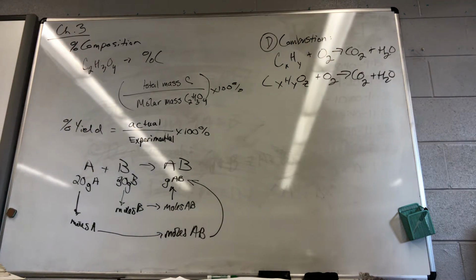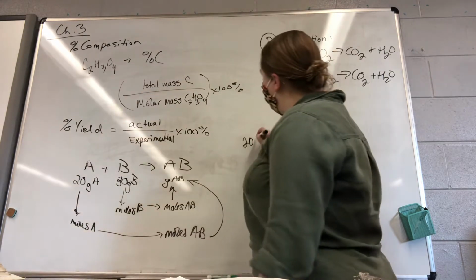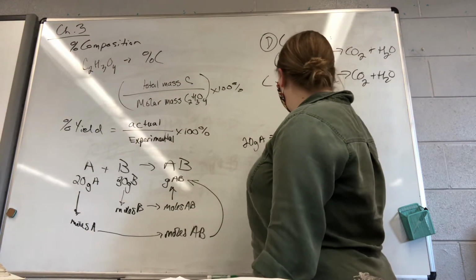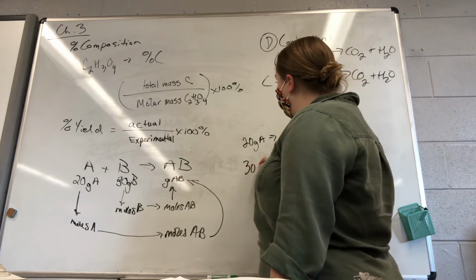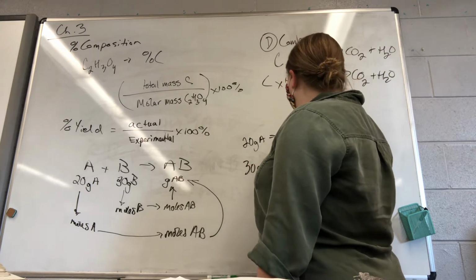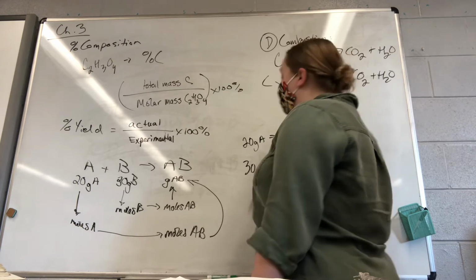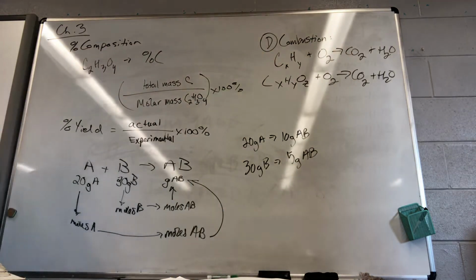Is this ringing a bell? I hope so. Whichever one comes out with the smallest product number is the limiting reactant. Let's say that 20 grams of A produces 10 grams of AB, and 30 grams of B produces 5 grams of AB. Which one is the limiting reactant? Think about the question before you answer.